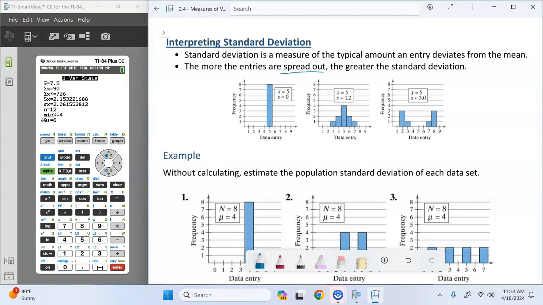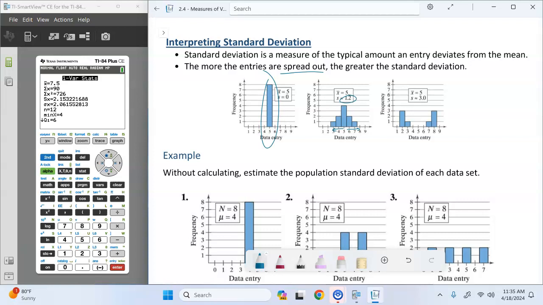Here are 3 different data sets with the same mean, 5, but with different deviations. When we see that we have a standard deviation of 0, well, there's none. There's no deviation. All of my data values are 5. But as we increase our standard deviation, we see that our values start to spread out more and deviate from the mean. Now, most of them are still 5. They're not very far from 5, so my standard deviation is 1.2.